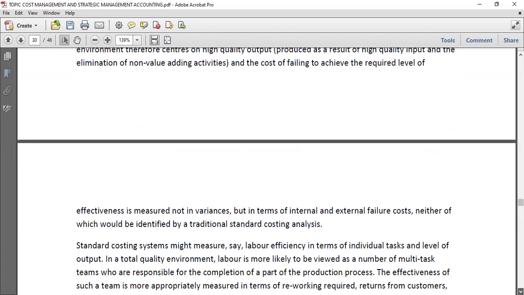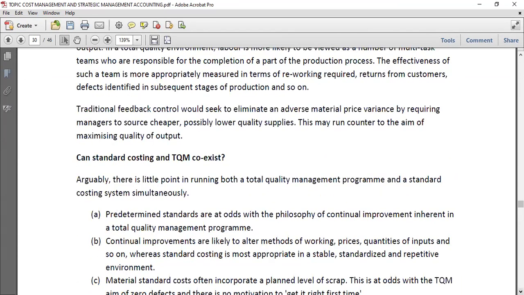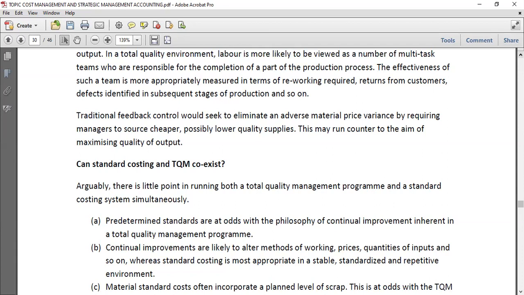TQM is an interesting part that you need to know. When it comes to TQM, you need to know how to explain the total quality management process. You should also understand the characteristics of a total quality management program, which we have looked at. You should also understand the costs of quality management, which we have seen: the prevention costs, the appraisal costs, and so on.